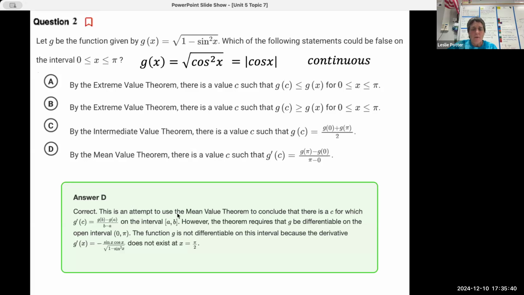And the attempt to use the mean value theorem to conclude that there's a value of C is kind of a lost attempt because the theorem requires G to be differentiable and G has a cusp at pi over 2. And we can see that by actually differentiating it, and we get this rational statement because of the radical, right? That power of a half and differentiating that. So because it's not differentiable, we can't make a conclusion about any mean value theorem statement, which means this is the option that could be false. So the correct answer here is D.